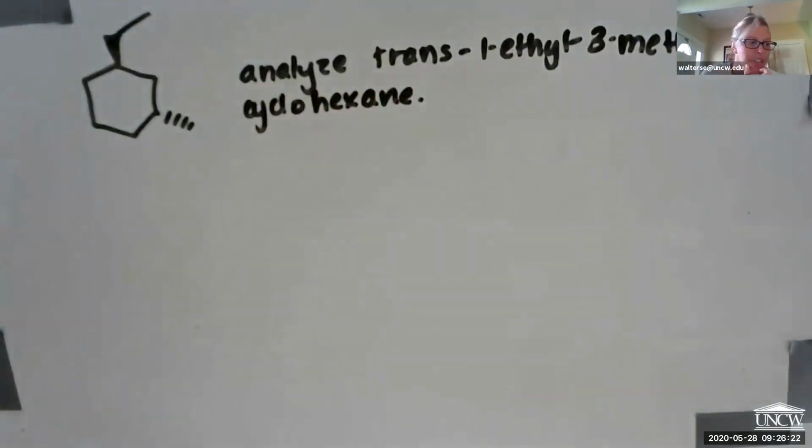Draw 2 of the chairs and determine which is going to have the lowest energy conformation. Then we'll do an example of 1,4, and then we will move on.